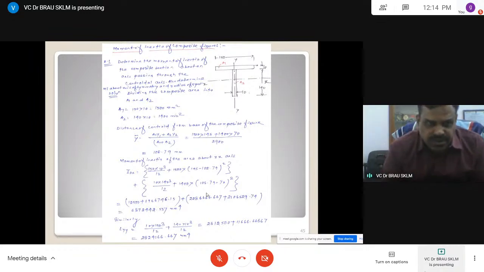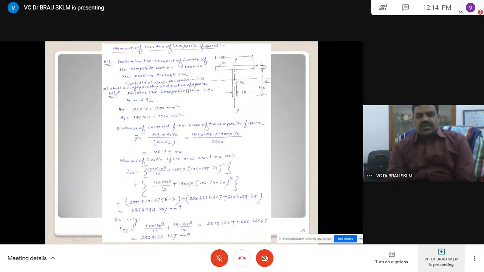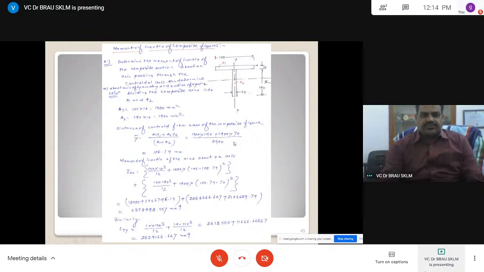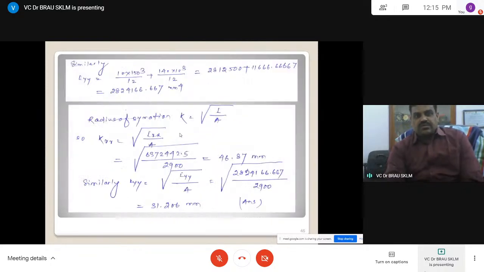Also determine the moment of inertia about an axis of symmetry and the radius of gyration about the symmetric axis. That means about Ixx, now about Iyy also you have to find out. See, that is what we have given here. But this is to be done very carefully, otherwise there are a lot of mistakes. See, Iyy, then radius of gyration.